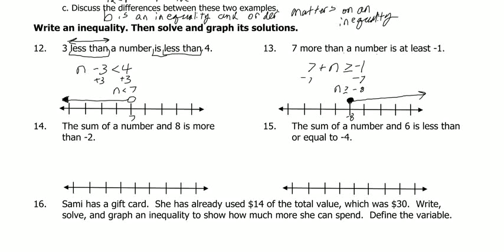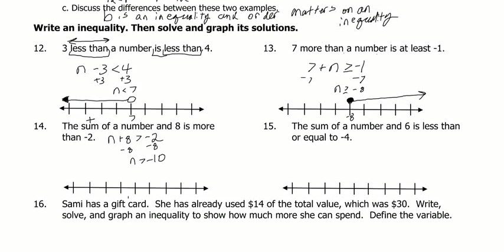Okay, number 14 says the sum. If we remember correctly, the sum is addition of a number and 8. So n plus 8 is more than -2. So we subtract 8 from both sides of this. We're going to be left with n greater than -10.